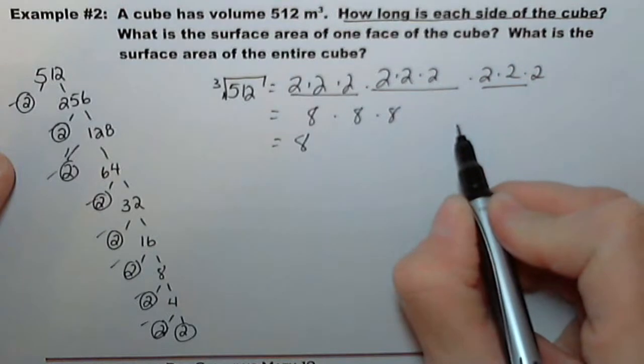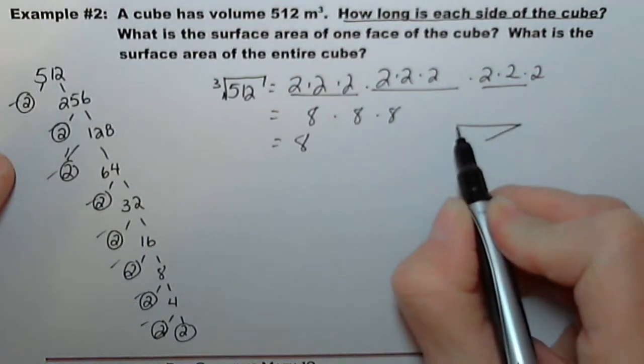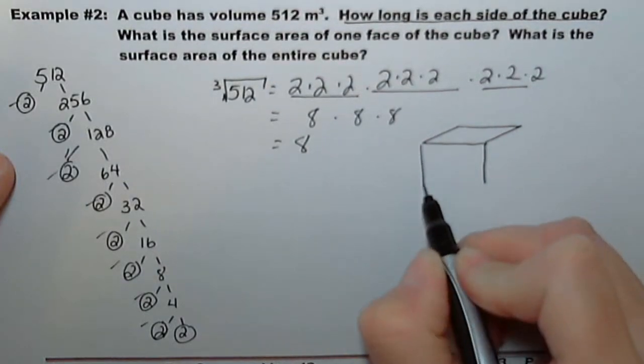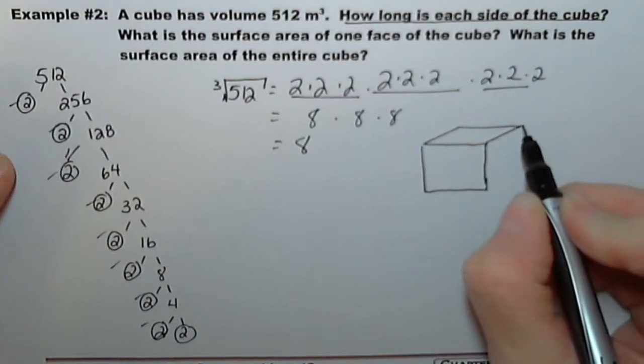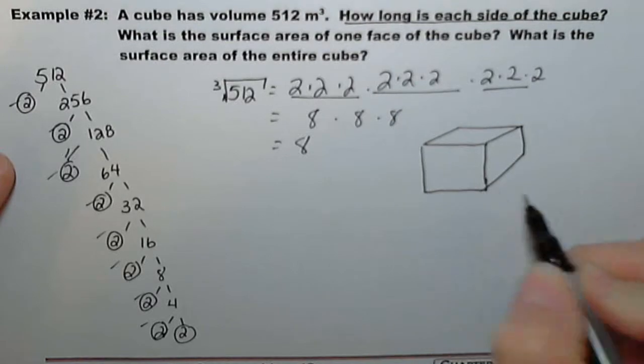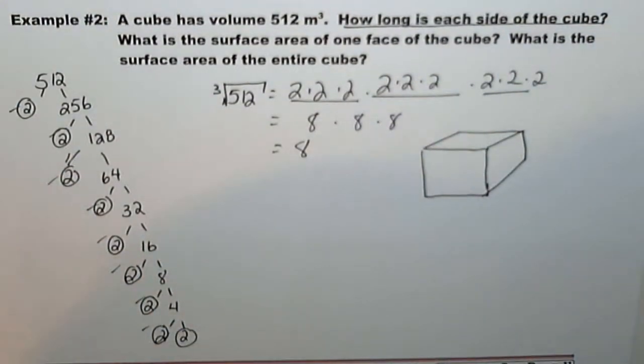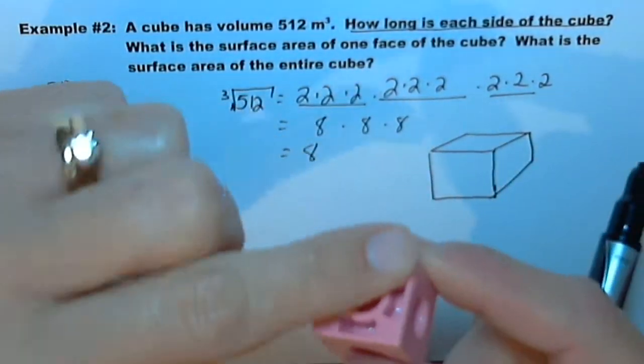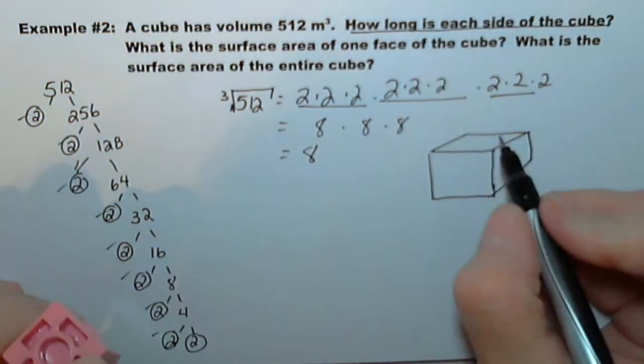And so again, what this means is that if I was to actually draw the cube, it would look like this. And that's a bad cube, but it's supposed to be a cube. So that means that inside here, I've used 512 of these little guys to build this cube.